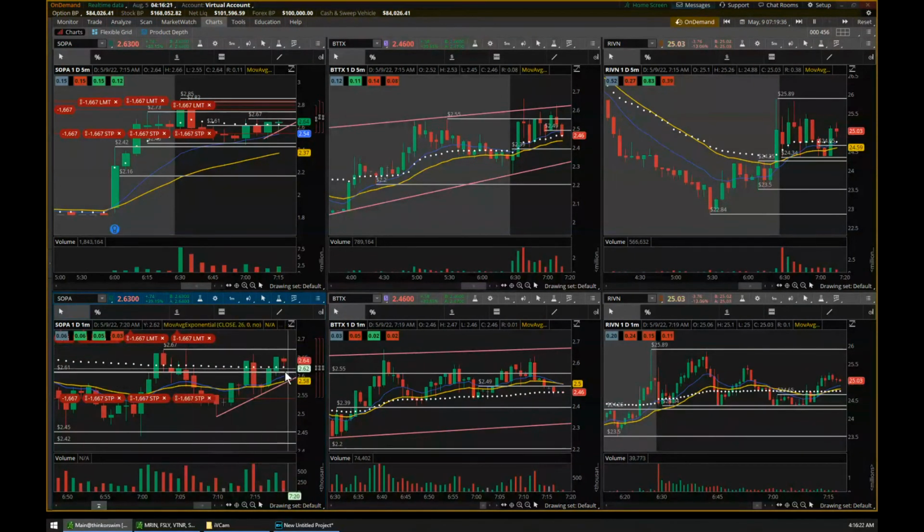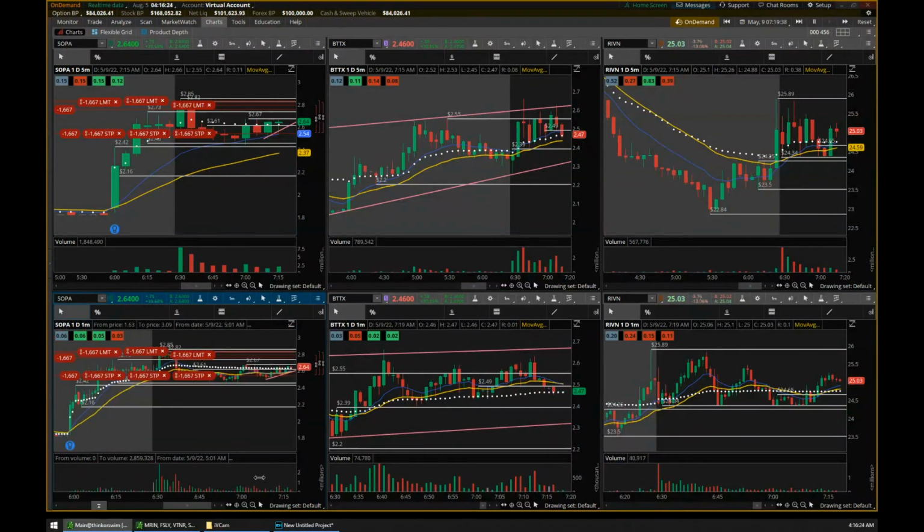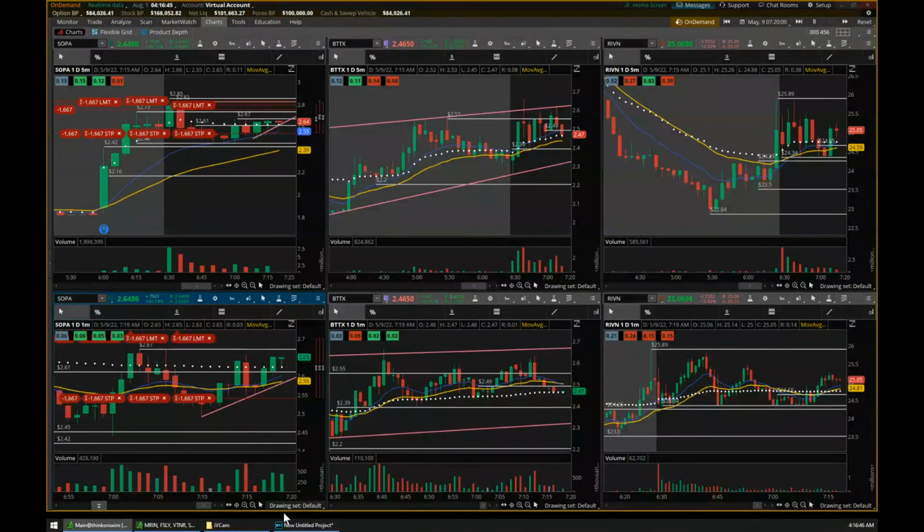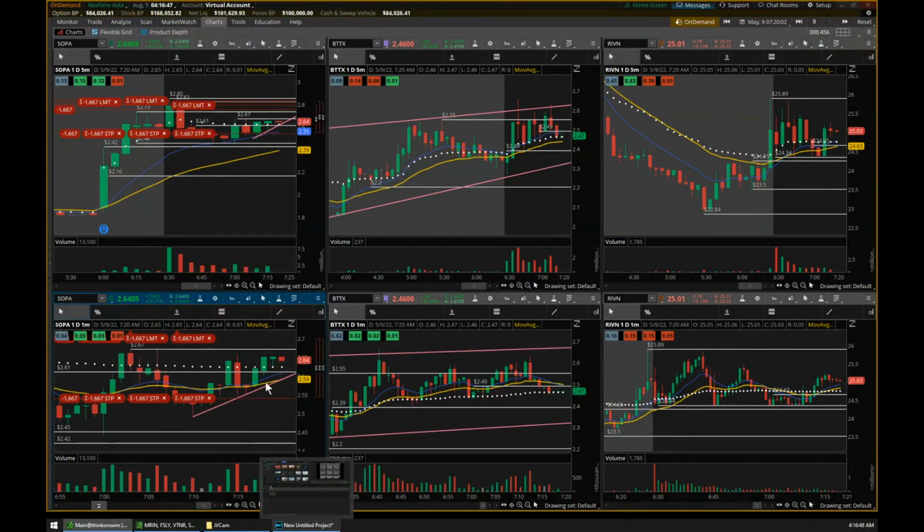So you got kind of a flat top type of setup here. This resistance, and then so you got this resistance here, and then the bulls are winning the battle with higher lows and higher highs. I like the volume profile.